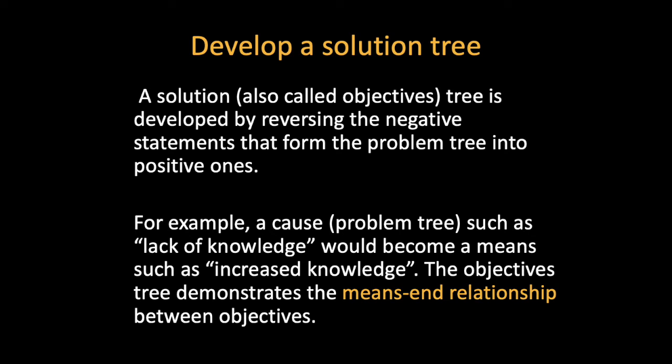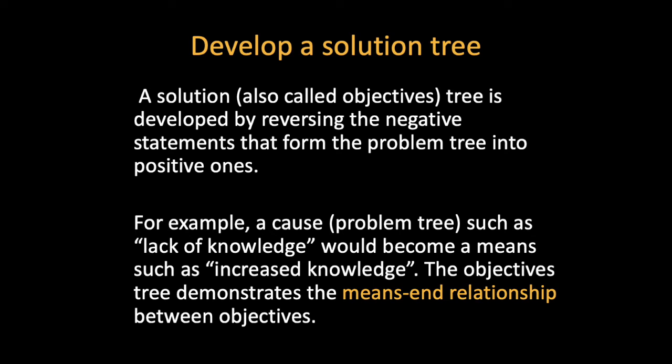So it's a simple step to do. You need to reverse all the negative statements into positive ones. So for example, where you have lack of knowledge, it would become increased knowledge, and so on. And let's have a look. This way, it will give you objectives for actual work and very concrete objectives.